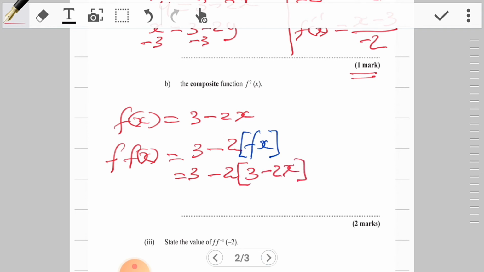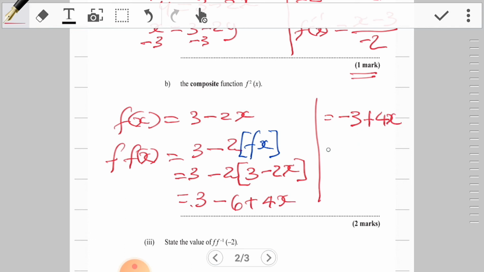Let us simplify. We're looking at 3 minus 6 plus 4x. We distribute the -2 inside here. 3 minus 6 is going to give us a -3 and a positive 4x.